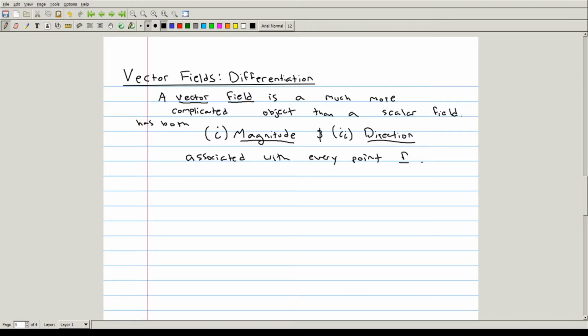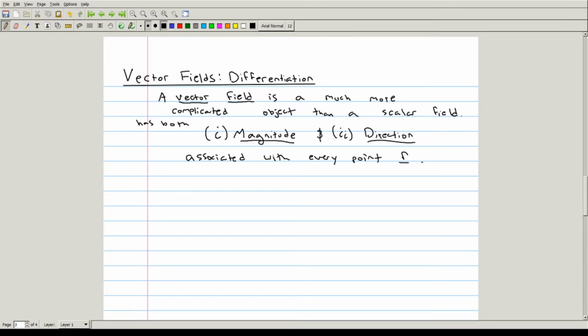So because of this, actually defining the rate of change in a certain direction of this vector field is a little bit more complicated. We have to be a little bit more careful with how we do that. Whereas for a scalar field, we can just use the gradient of that scalar field. A vector field, on the other hand, we have to be much more careful with how we define the rate of change. And it turns out that we actually have two main different rates of change that we can define for this vector field.